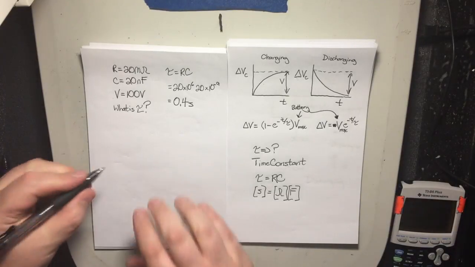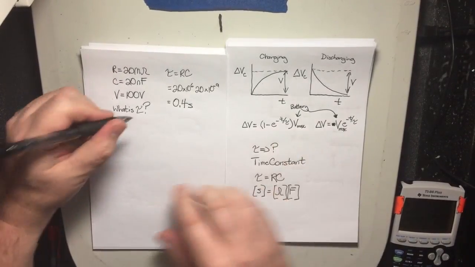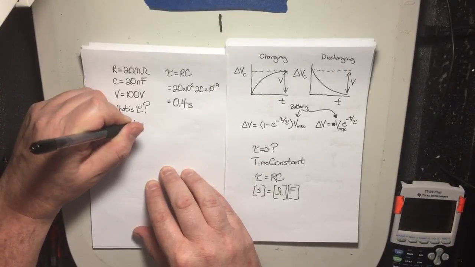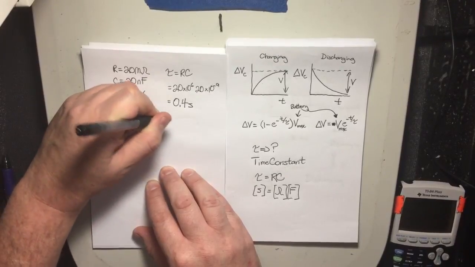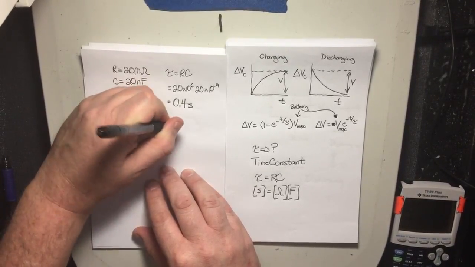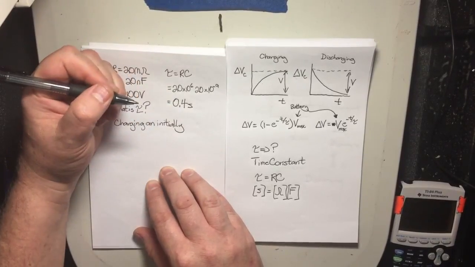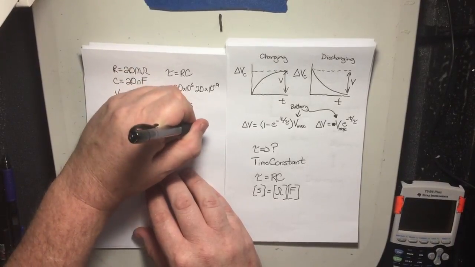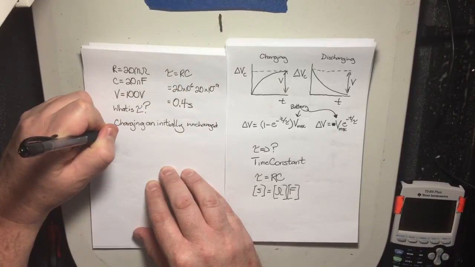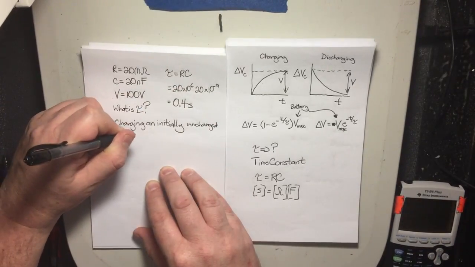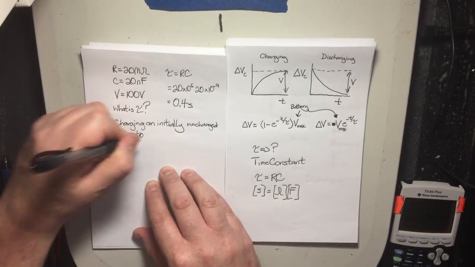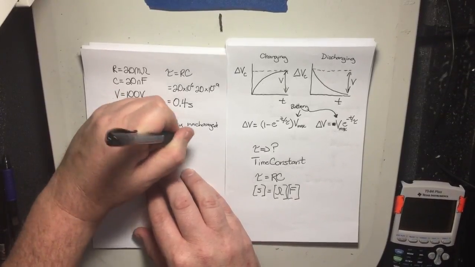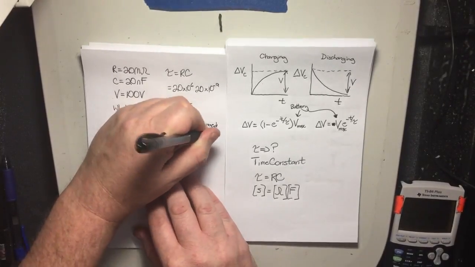Now what we're going to do is use the charging equation, charging an initially uncharged capacitor, and plot delta VC as a function of time.